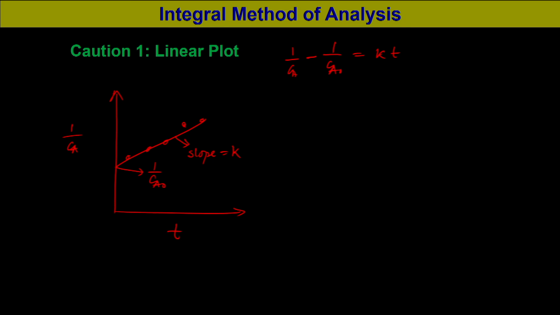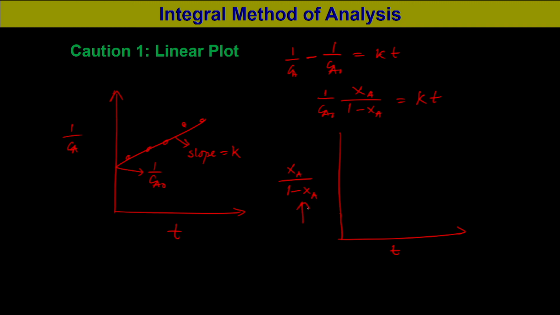Or if we plot the other part, that is 1 by Ca naught into Xa by (1 minus Xa) is equal to kt, in terms of the conversion, we plot t against Xa by (1 minus Xa).